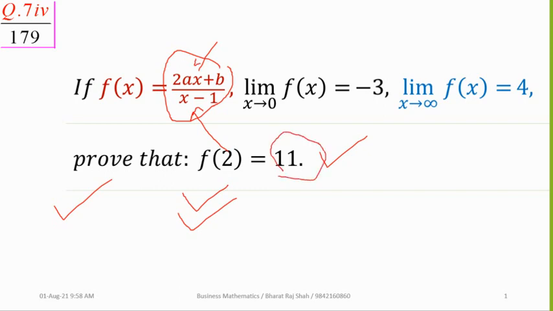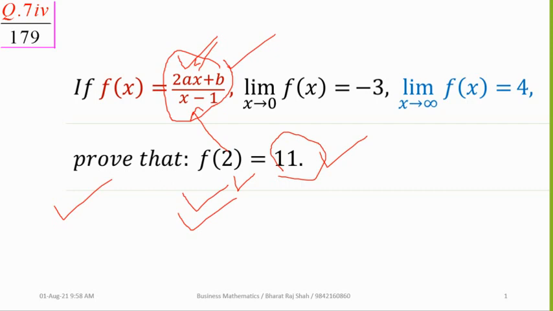And please understand, we cannot put the value of x as 2 unless we find the values of a and b.